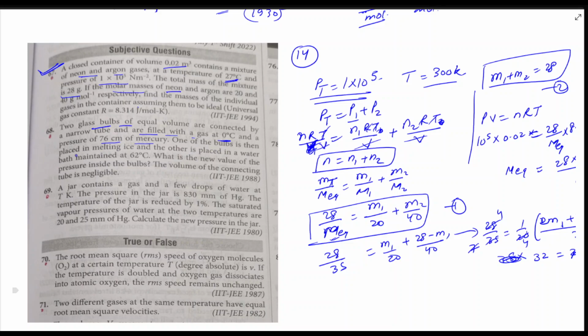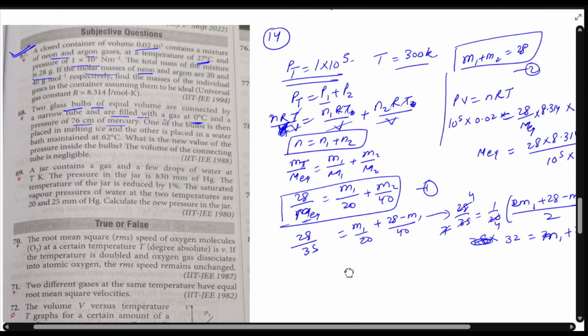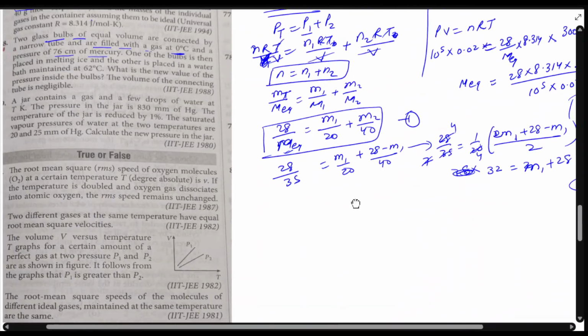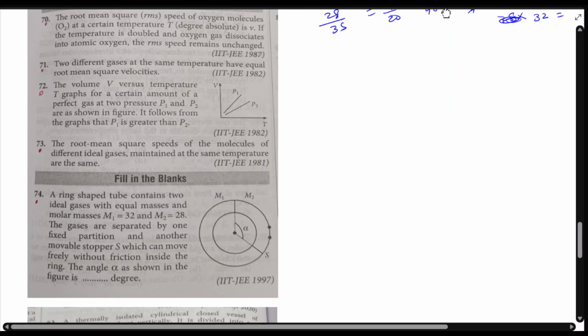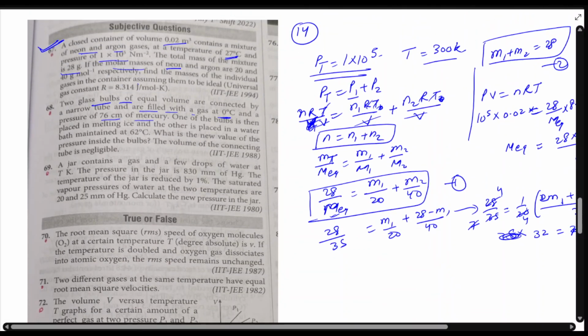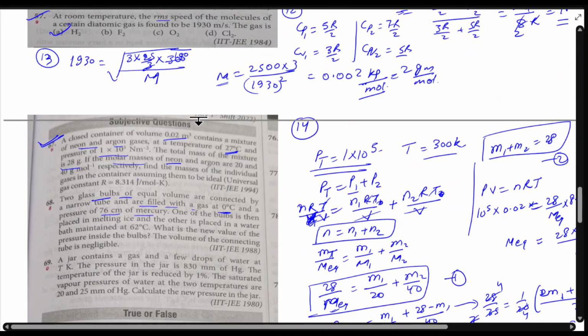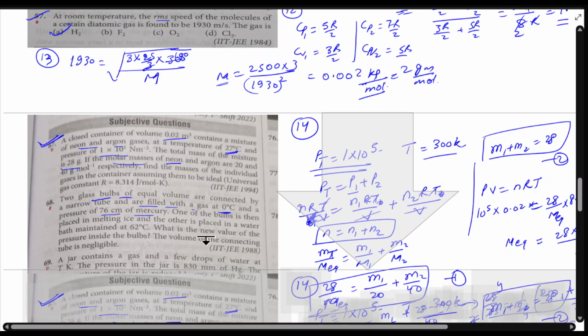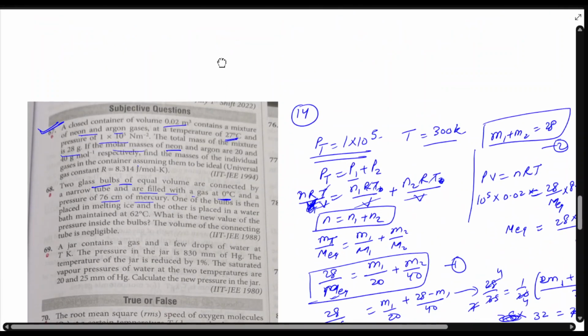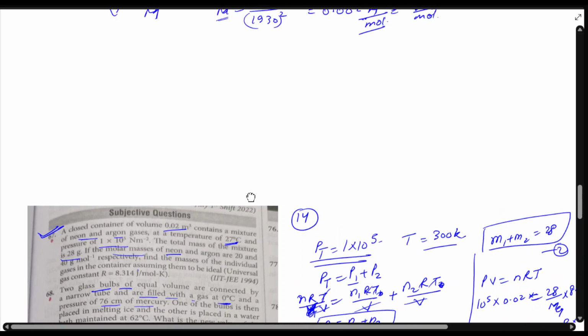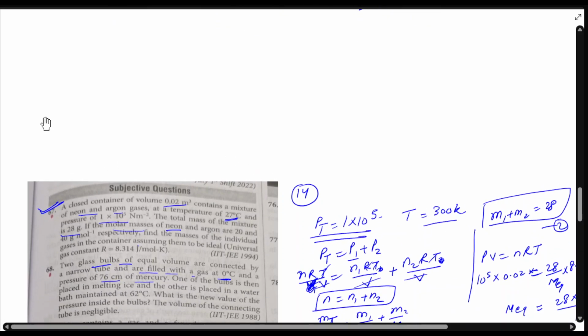One bulb is then placed in a bath, so we have two bulbs. So the situation is like this. Okay, so this is our 15th question.